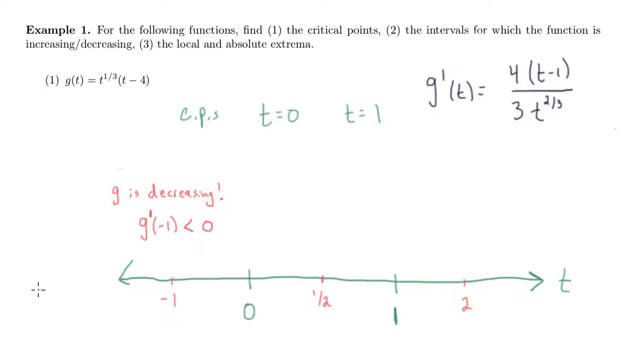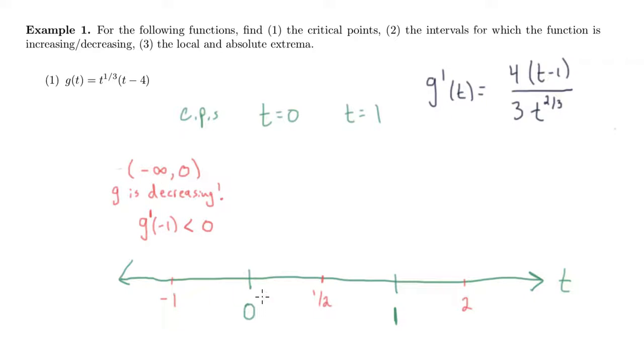And I know it's negative for this entire interval because if it ever changed sign, I would have to have another critical point. But because there are no critical points between negative infinity and 0, I know that my derivative has a constant sign. It's either positive or negative. I test exactly one point, so it has to be negative. So g has to be decreasing on this entire open interval, negative infinity to 0.